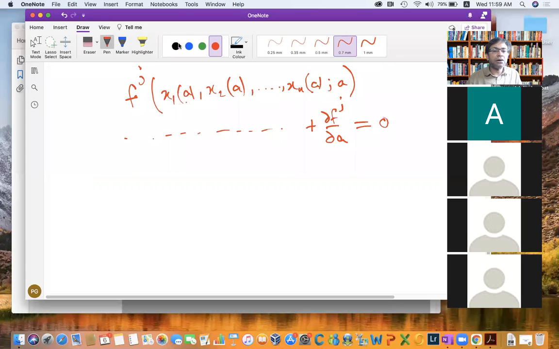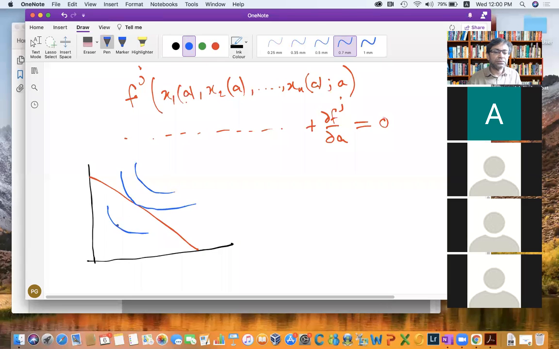So let's go back to our consumer's problem. In the consumer's problem, there's a fixed income or budget, and the consumer is trying to get to the highest indifference curve. Let's say the consumer's income takes the value Y1.